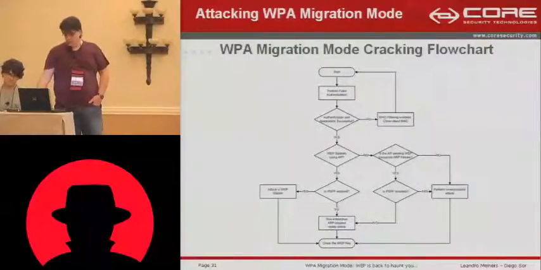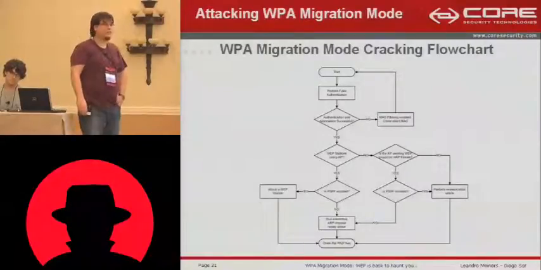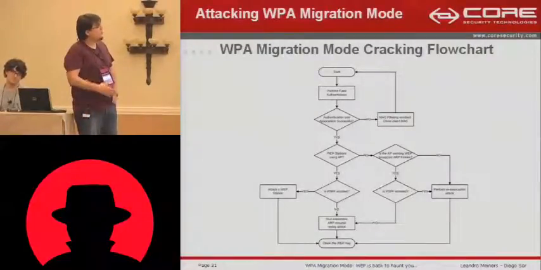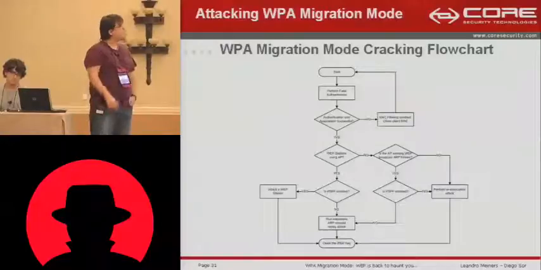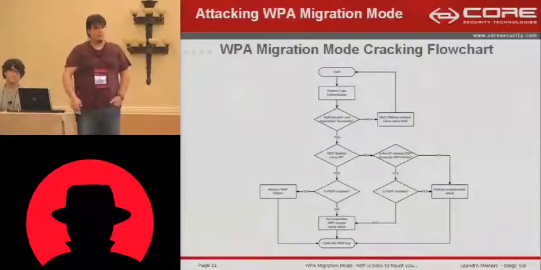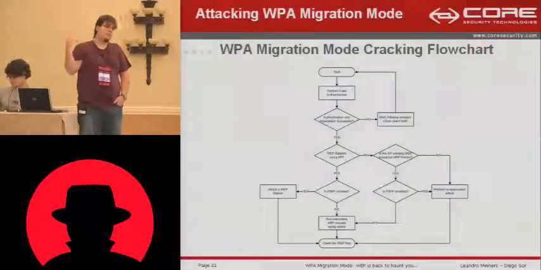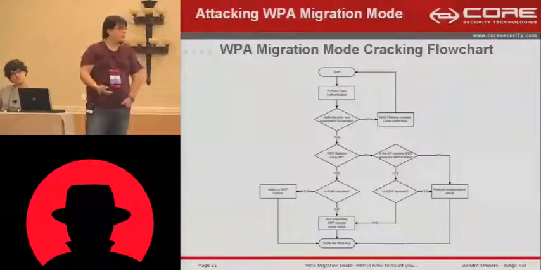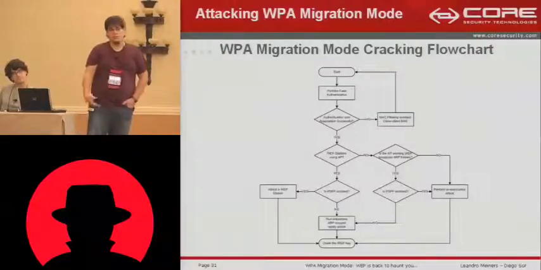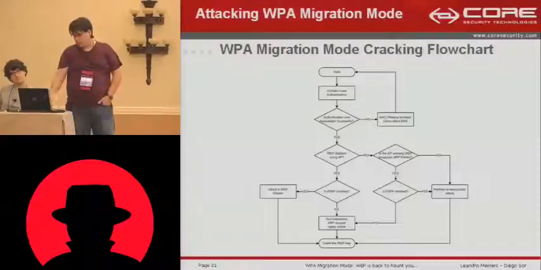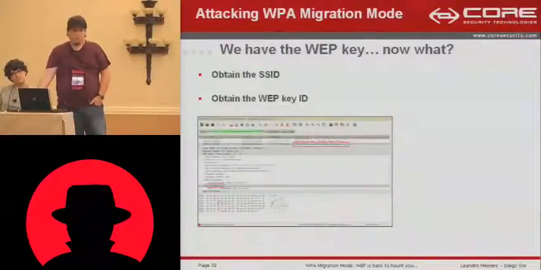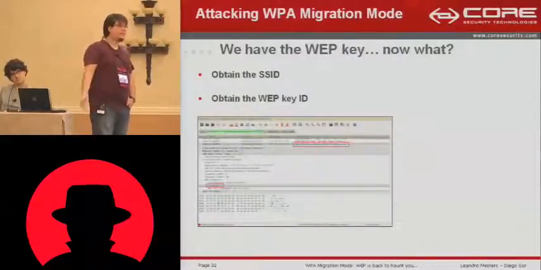And this summarizes our WPA migration mode attack. The flowchart, this is what I've been talking about. And basically, we always conclude in cracking the WEP key. So no matter what types of protection we try to add to the AP, we were also always able to successfully crack the WEP key. And once we have the WEP key, we can access the network.